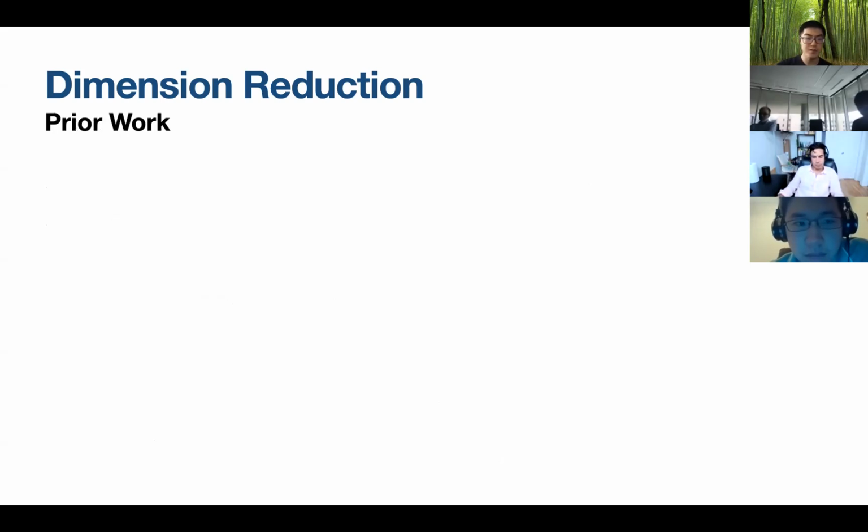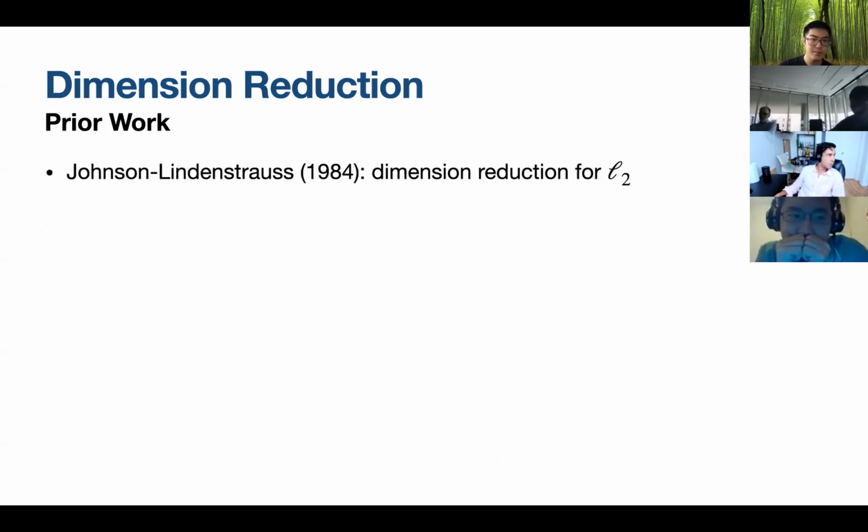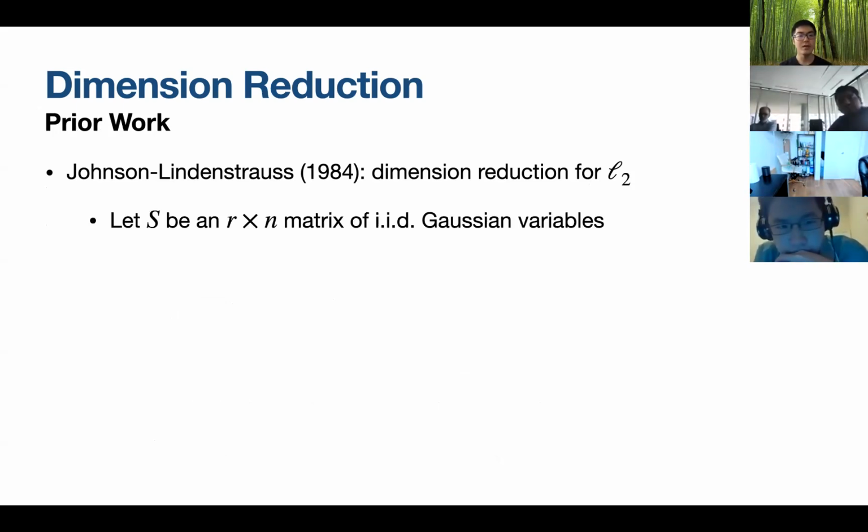And I first want to get into prior work about these dimensionality reduction results in the sketching. So the celebrated classical result here is by Johnson and Lindenstrauss in 1984, which essentially gives dimension reduction results for L2. And here, what Johnson-Lindenstrauss says is that we can just take S to be an R by N matrix of just all i.i.d. Gaussian variables.